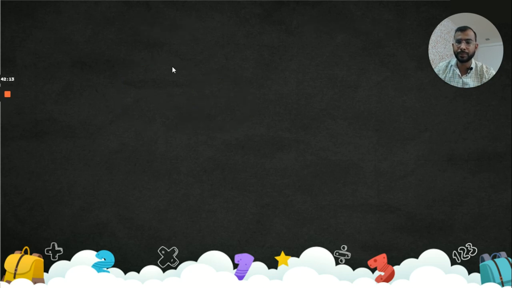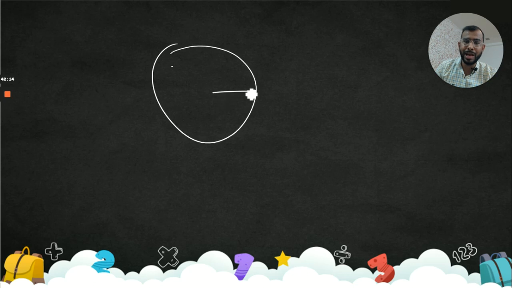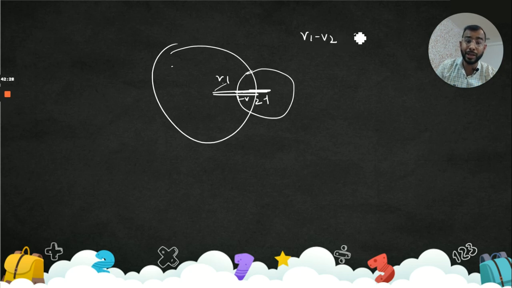Consider this is R1, correct? And let's say this is the second circle. This distance is R2. So R1 minus R2 should be less than C1 C2.